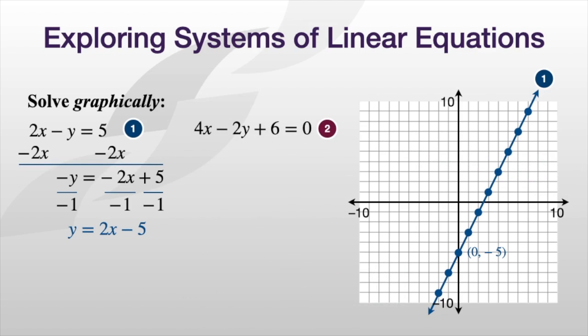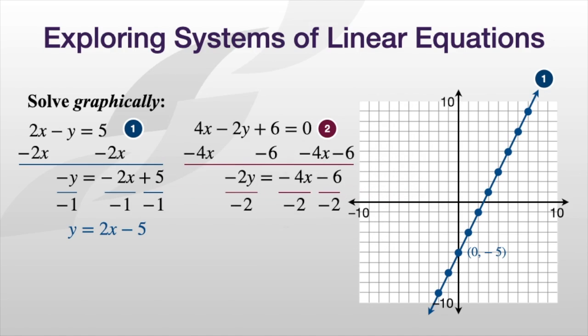What if the second equation were 4x minus 2y plus 6 equals 0? Once more, we can solve for y to determine the slope and y-intercept. Subtracting 4x and 6 from both sides of equation 2, then dividing each term by -2, gives y equals 2x plus 3. The slope is 2, and the y-intercept is 3.